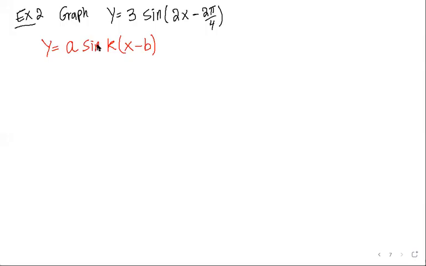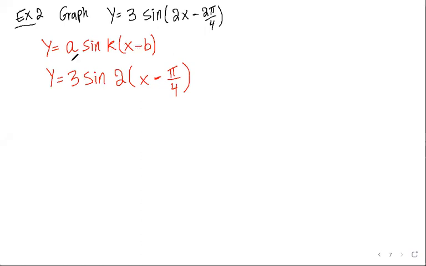So the factor is taken 2 outside, so it will be like this: y equals 3 sine 2, and here the remaining is x minus pi over 4. So this has the same shape as y equals a sine k times this.